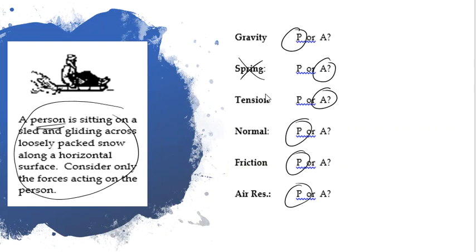So there is no spring force that is touching the object. There is no rope that is attached to it unless somebody's pulling it, but there's none. So we're not gonna worry about that. There is normal force because it's in contact again with the snow or any object. There's friction even if it's less. There's air resistance because it's moving through air still. So those should be your answer.